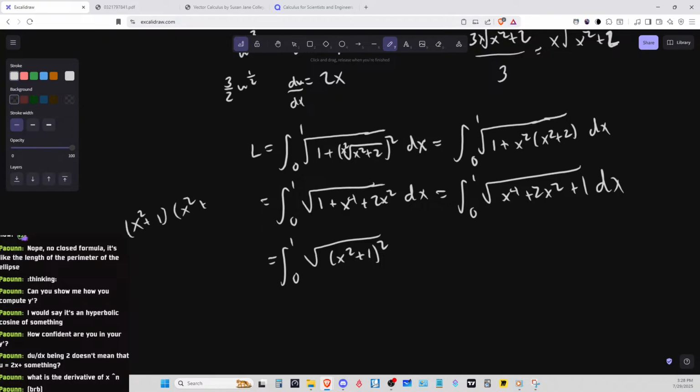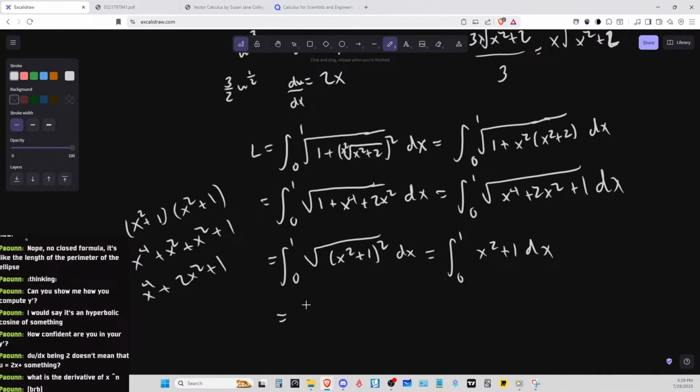So if you do it like this, then that would be 4, and then that would be x squared, and then plus x squared, and then plus 1. Yeah, so 2x squared. Yeah, so that works. So then if we reduce that, we are left with x squared, x, yeah, there we go. That's the thing we want.